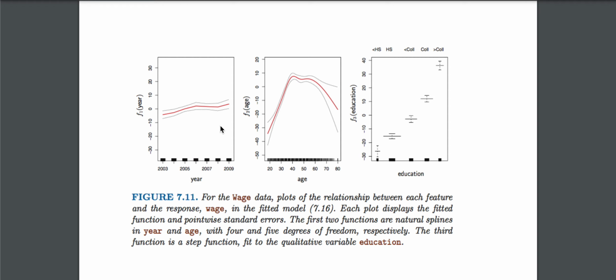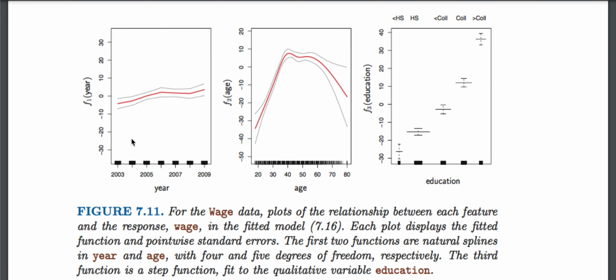And then things become a little bit more interesting. We see that the component in wage that depends on year is increasing with year. It's increasing with age, but then it goes down, and it's increasing with education.